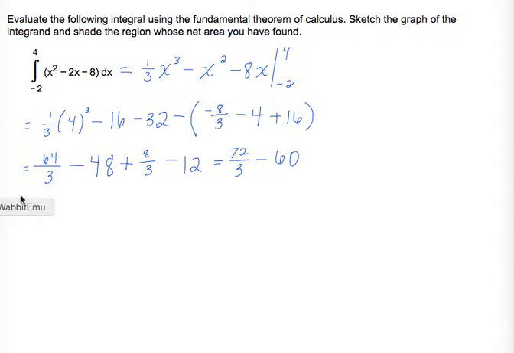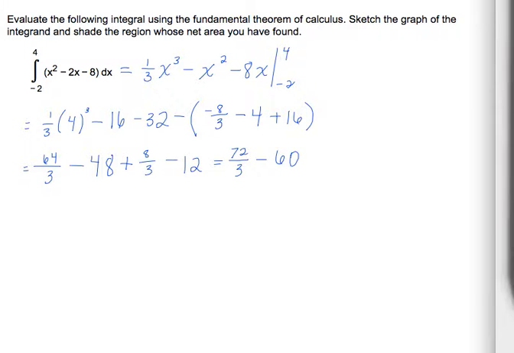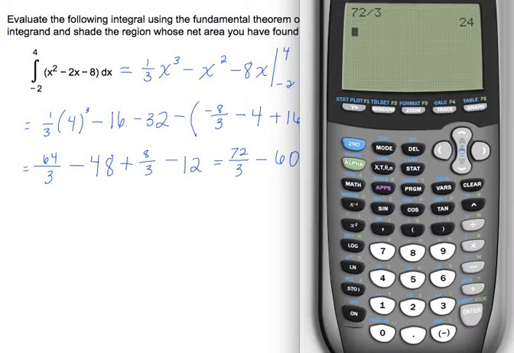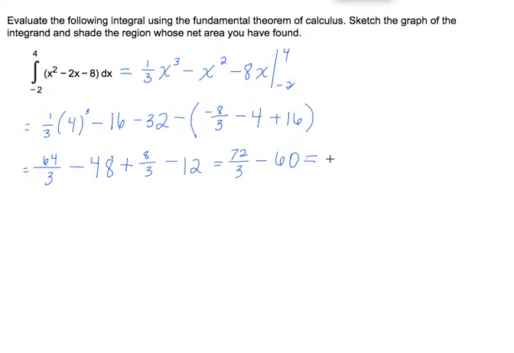So 72 thirds is 24. So 24 minus 60 is -36. Okay, so that is referring to net area between this function and the x-axis from x equals -2 to x equals 4.